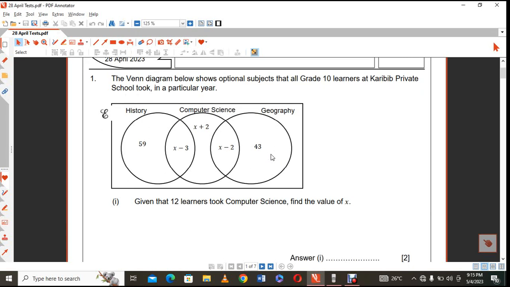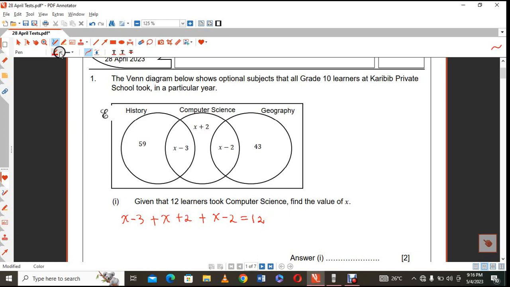Okay, now you're given that 12 learners, they took computer science, and now you're supposed to find the value of x. So that means only you go to the set of computer science now. All right, so what we know is that x minus 3 plus x plus 2 plus x minus 2 should give you 12.